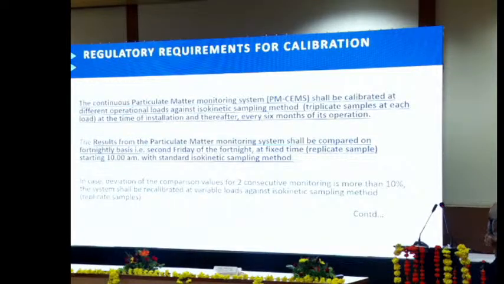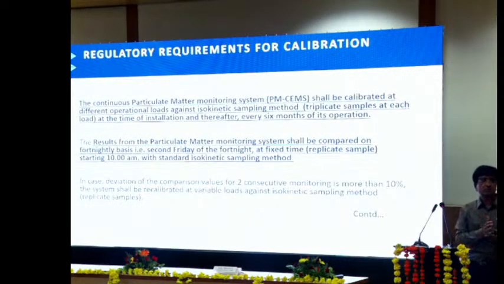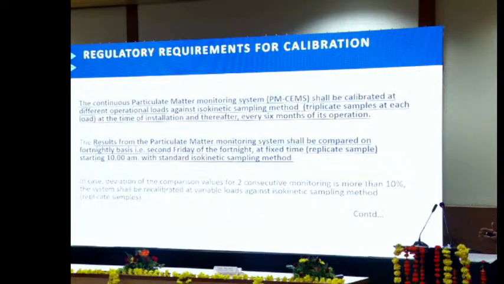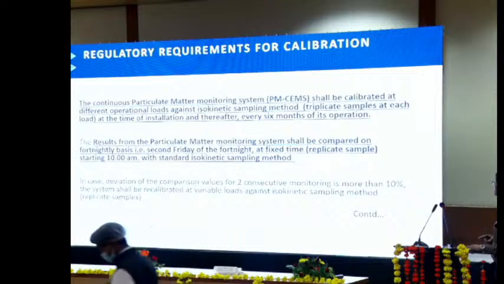Now the regulatory requirements. Many of you have asked whether only providing the data will be sufficient, or what the criteria are. So the document by CPCB has stated most of the things, and try to follow the requirement which they have mentioned very properly. The continuous particulate matter monitoring system, CEMS, shall be calibrated at different operational loads against the isokinetic sampling method, with triplicate samples at each load.